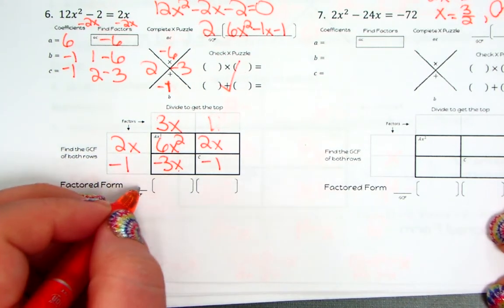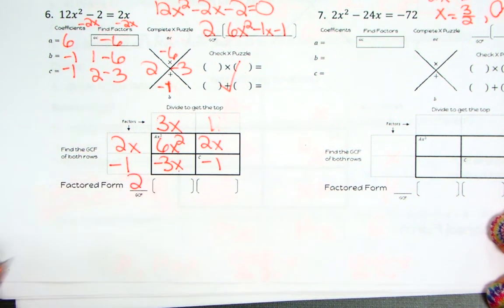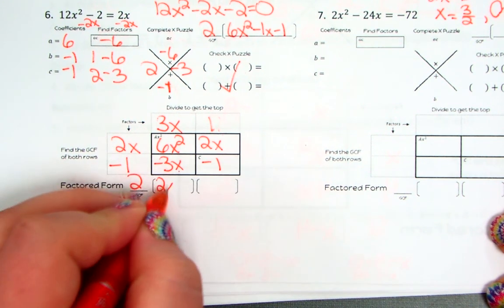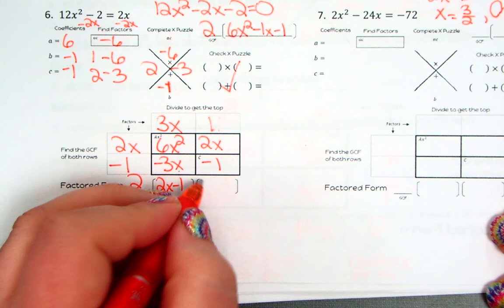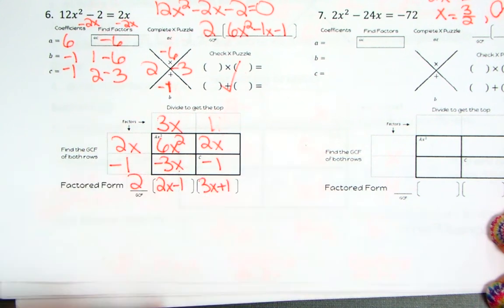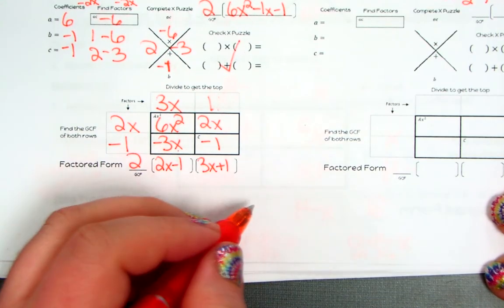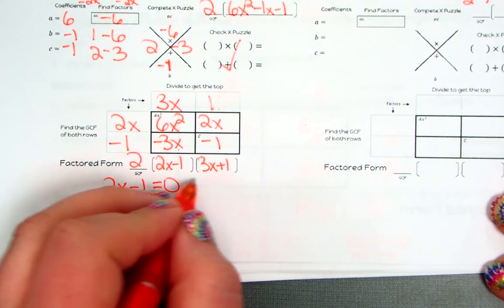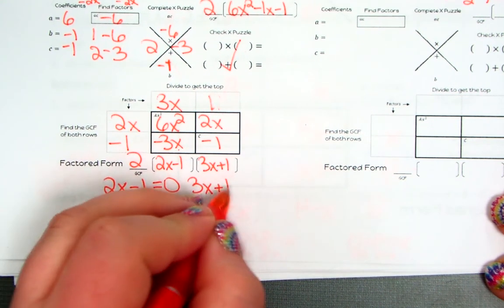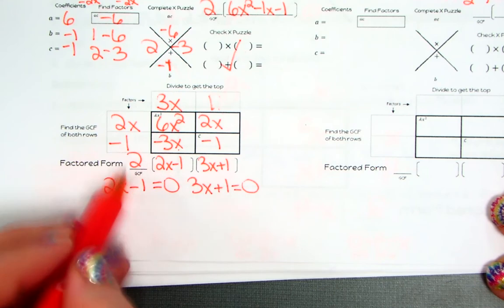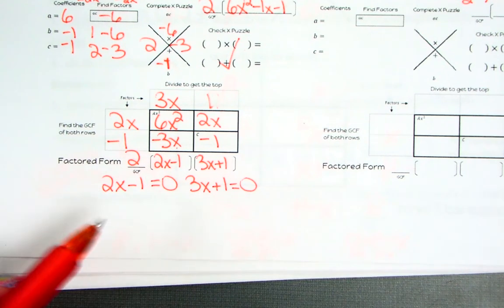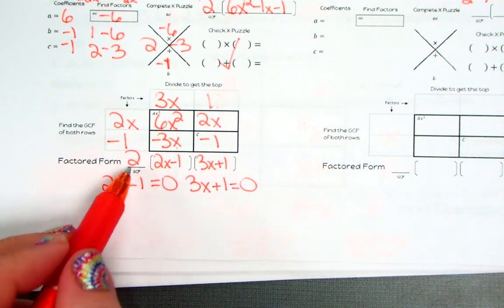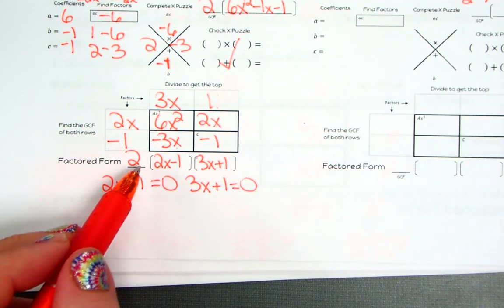So my solution for my factored form is the GCF I took out at the beginning, 2x minus 1, and 3x plus 1. So to solve, we'll set each one of them equal to 0. 2x minus 1 equals 0. 3x plus 1 equals 0. Notice I never set out my GCF equal to 0 unless it has a variable in it, because 2 equals 0 doesn't make sense.